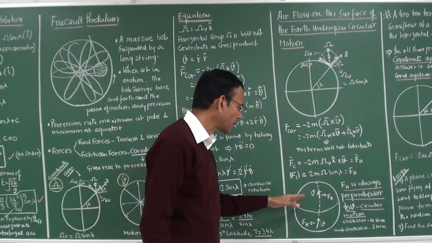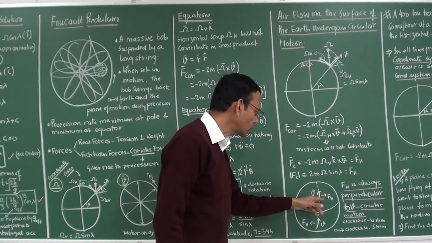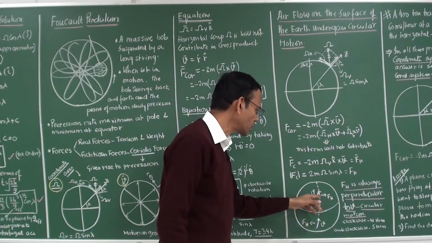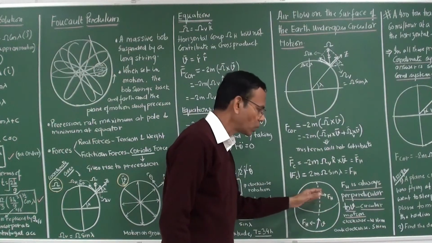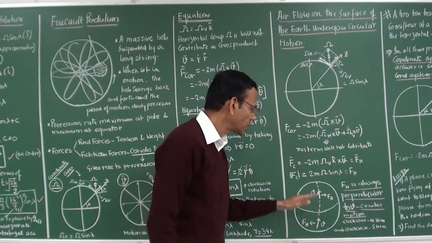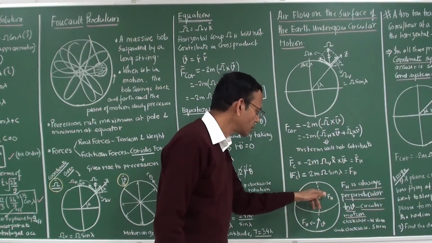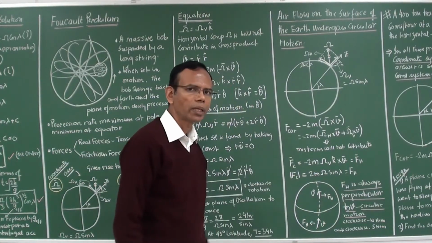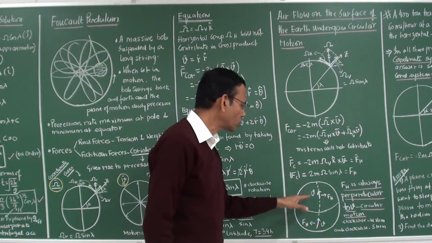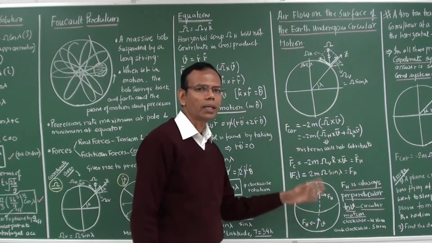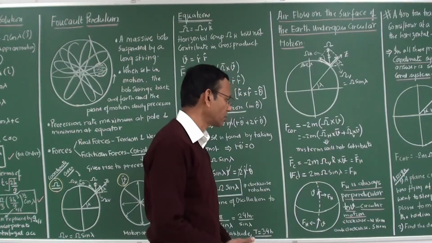So because of that, you see the force is perpendicular with respect to the velocity. So it will do a circular motion. The moment the circular motion is there, this force is again perpendicular. So basically it will do a circular motion. But it will do a clockwise motion in the northern hemisphere. Here it will do anti-clockwise in the southern hemisphere.